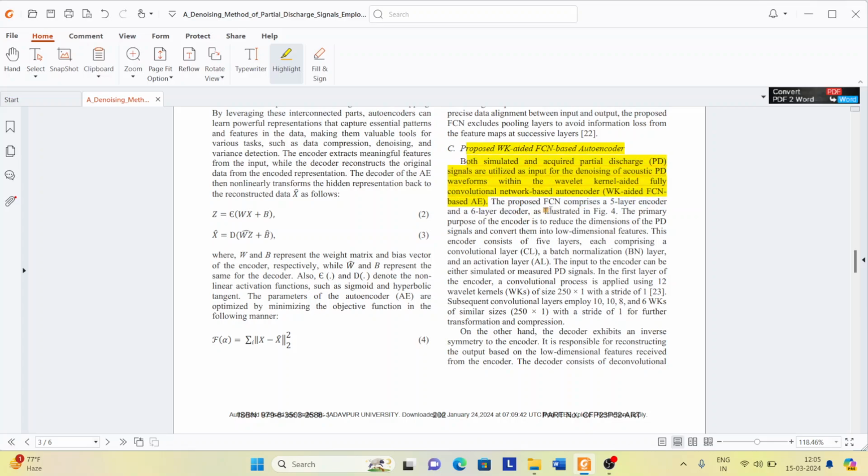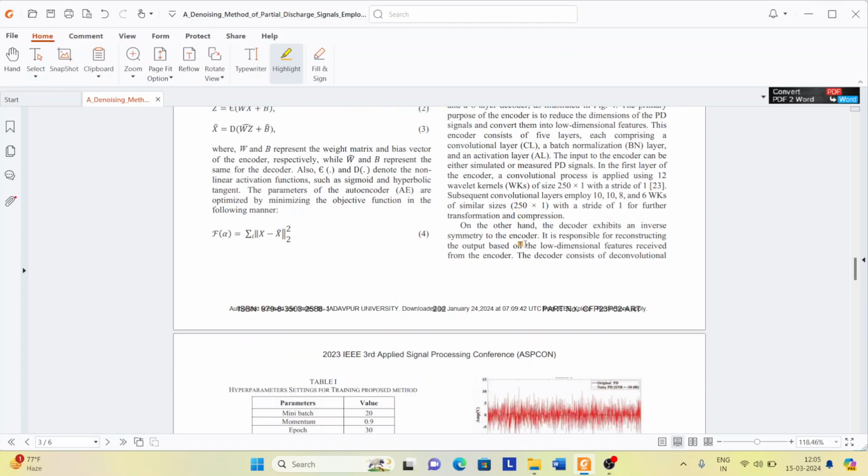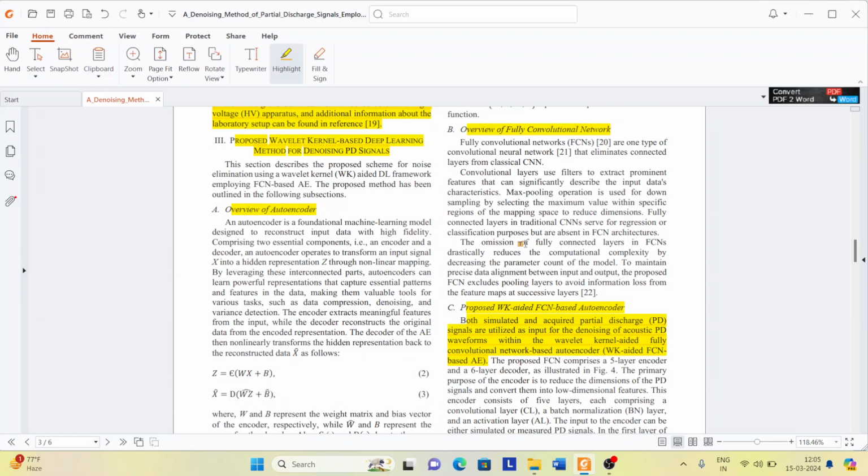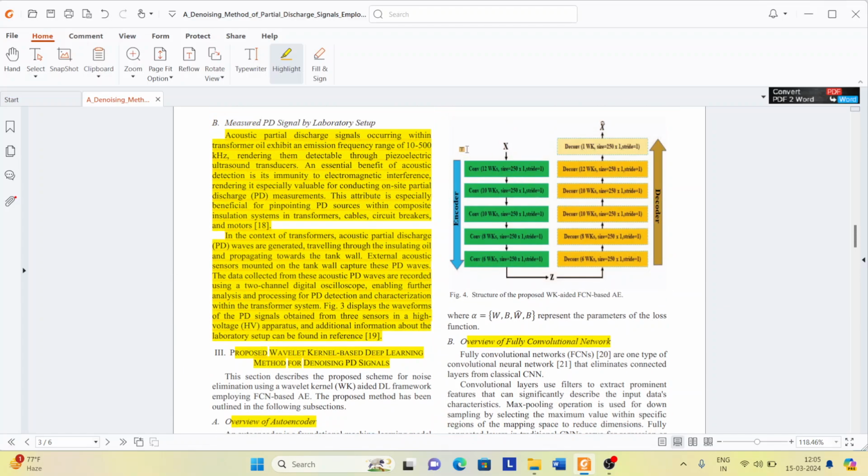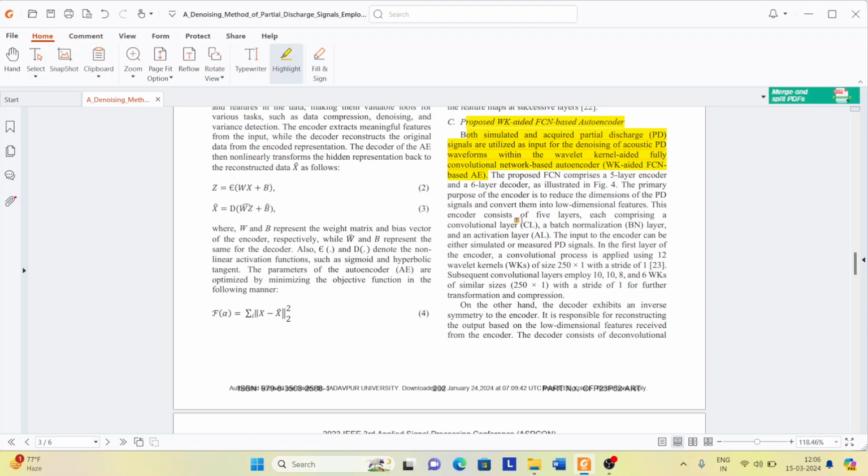Here the proposed fully convolutional network comprises a 5-layer encoder and a 6-layer decoder, as shown in figure number 4. This is figure number 4 that I am discussing. The primary purpose of the encoder is to reduce the dimensions of the partial discharge signals and convert them into low dimensional features.